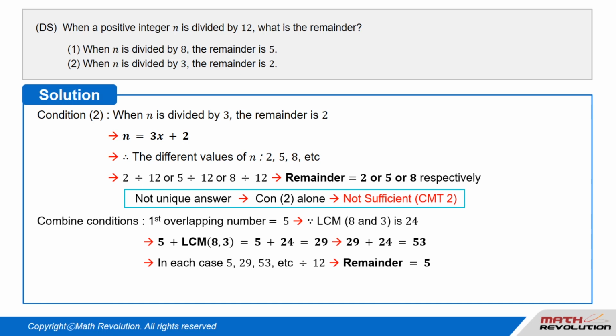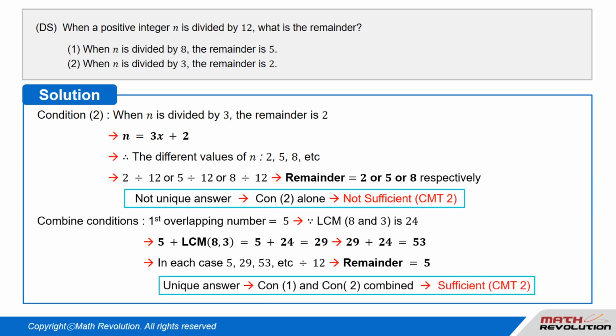Now in each case, 5, 29, 53, etc., when divided by 12, the remainder is 5. Therefore, both conditions 1 and 2 combined are sufficient by using the variable approach and direct substitution, and by CMT 2, which states that the number of answers must be 1. This is the standard approach to solve a remainder question.